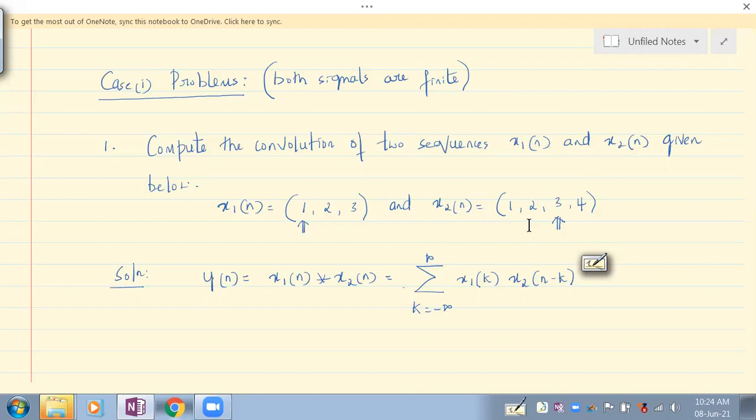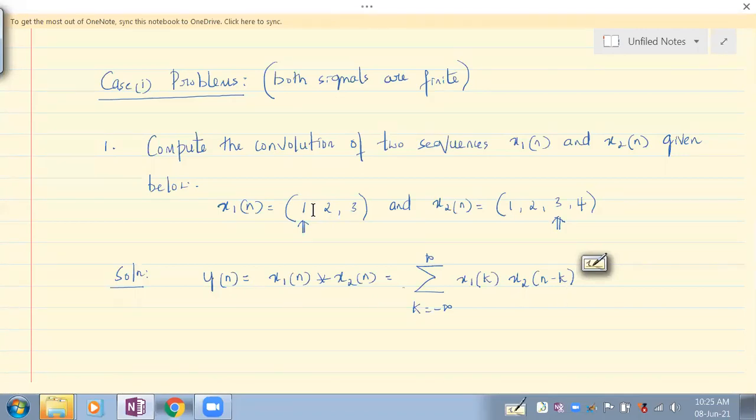Fine. Now, how many samples are there in the first signal? There are 3 samples. In the second signal, how many samples are there? There are 4 samples. So the length of the first signal is 3 and the length of the second signal is 4.